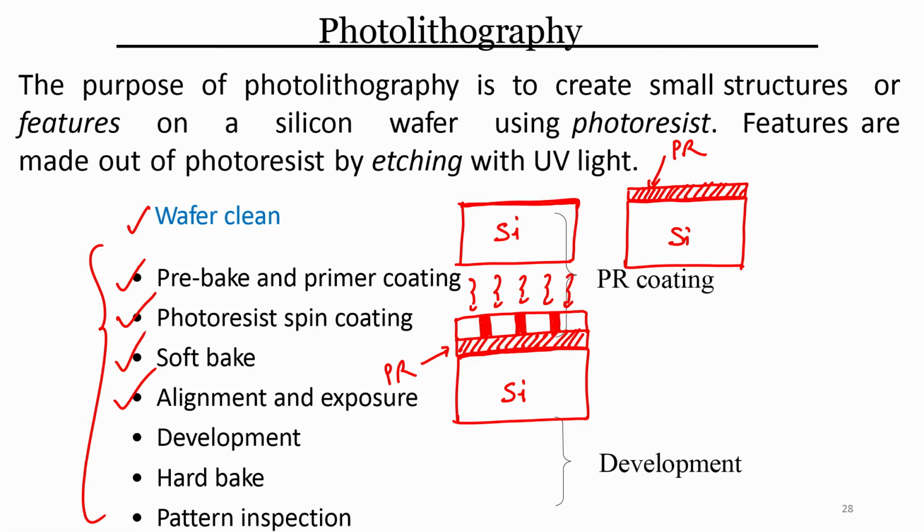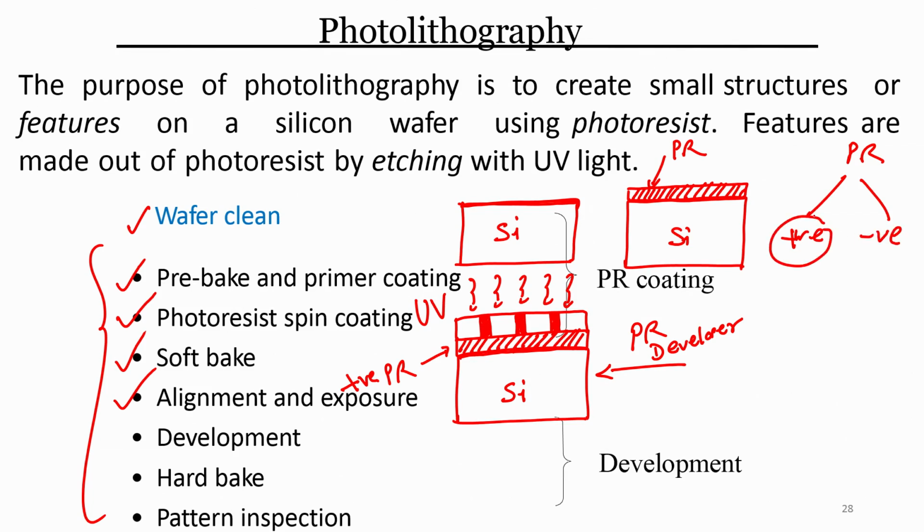After I expose it, I will unload the mask and dip this wafer in a photoresist developer. When I do that, what will happen? If it is a positive photoresist, I told you photoresist are two types, positive and negative.